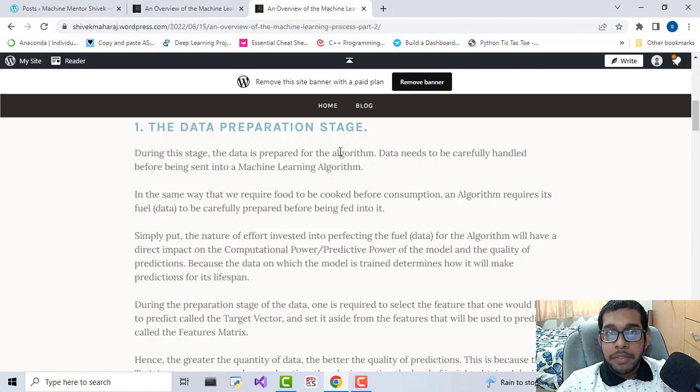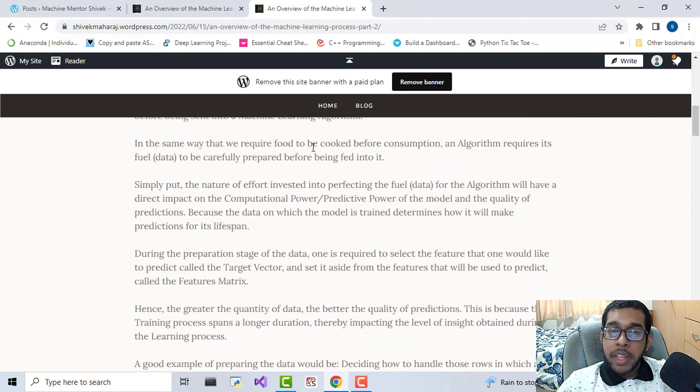Data needs to be carefully handled before being sent into a machine learning algorithm, okay? In the same way that we require food to be cooked before consumption, an algorithm requires its fuel, data, to be carefully prepared before being fed into it.